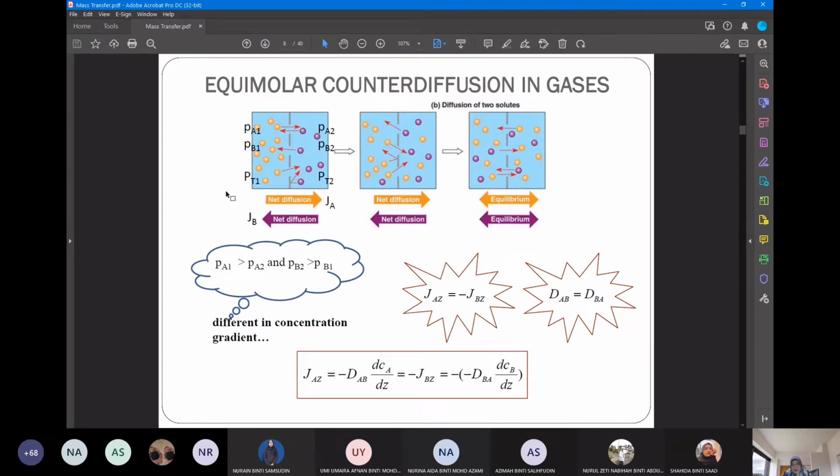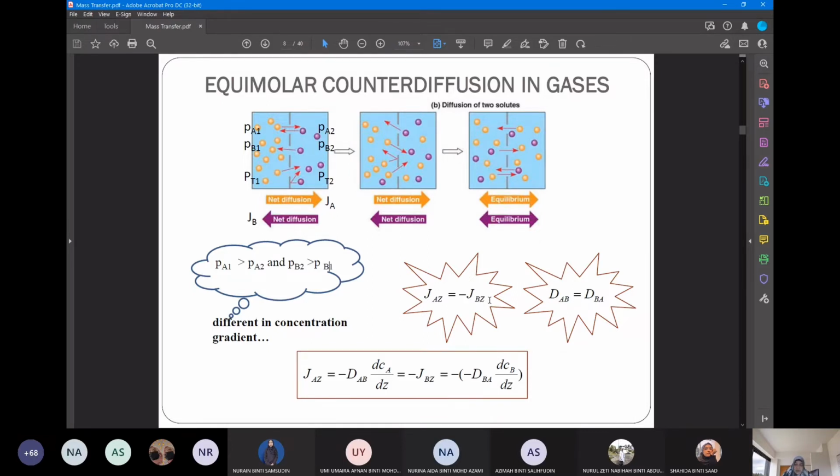That's one: explaining JA, the molar flux of diffusion for component A, you get the value. Then if you want to calculate based on the same direction and the same diagram, the molar flux for component B is equal to JBZ.